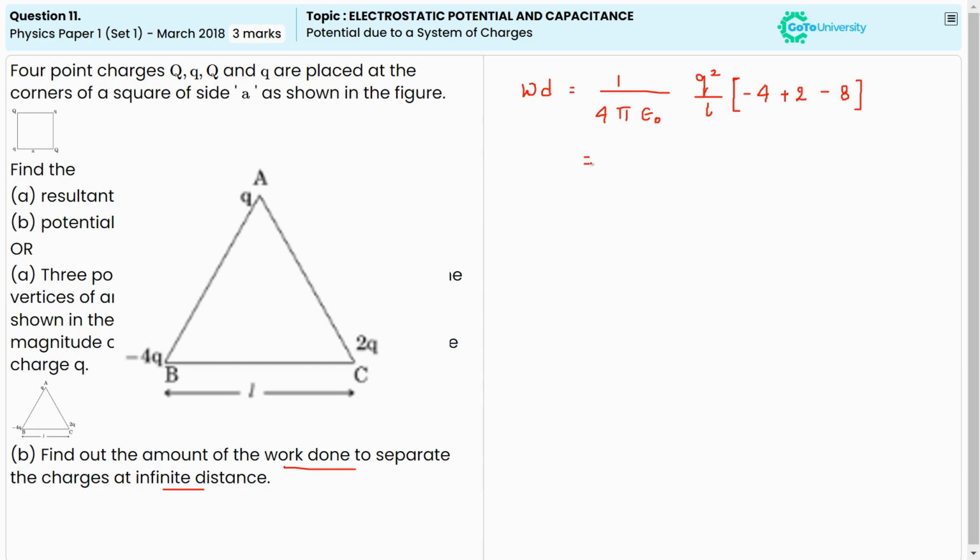Then if you simplify, this is minus 4 plus 2 minus 8, this becomes minus 10 Q square upon 4 pi epsilon naught into L. Then the final equation is 10 Q square upon 4 pi epsilon naught L. If I simplify 10 and 4, it is 5 by 2, 5 Q squared upon 2 pi epsilon naught L. This is the work done.